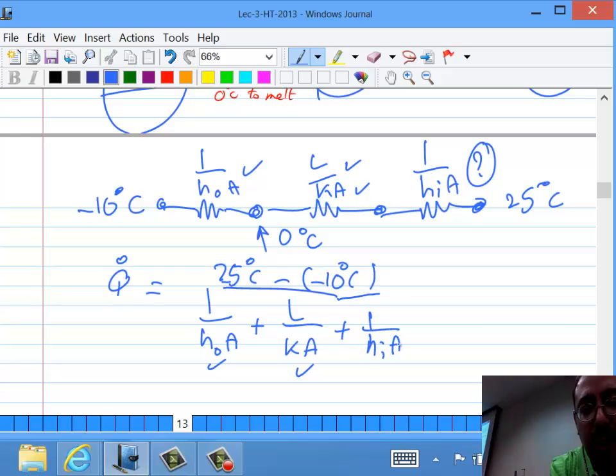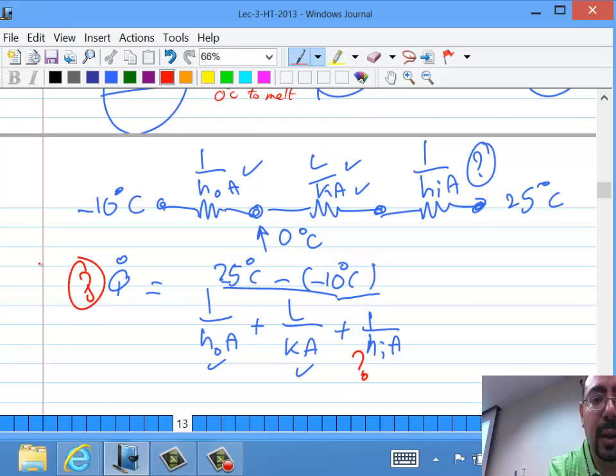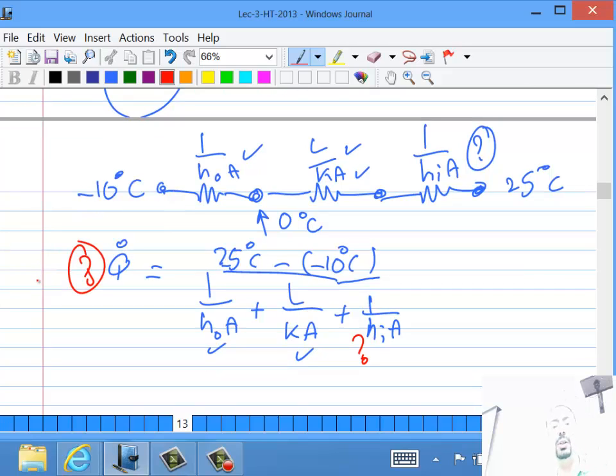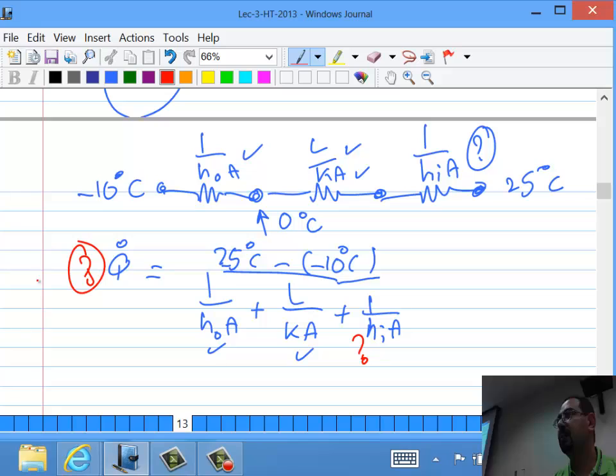So in this equation, again, all the problems of multi-layer conduction will be solved like this. He could basically give you most of them and ask for only one of them. So he can give you the temperatures and the resistance and ask for the Q, how much heat transfer is going through.